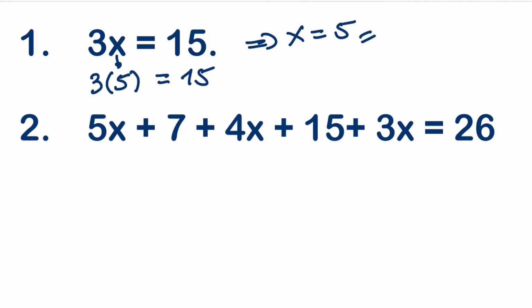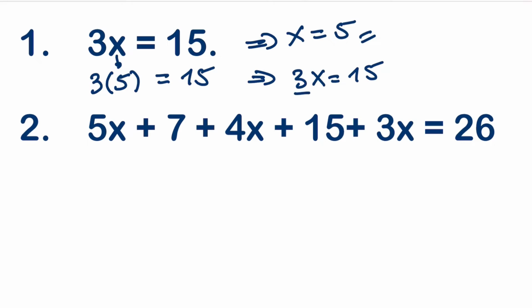Now if we want to solve it without using critical thinking, just solving it, if you have 3x is 15, you want to have x. Since it's multiplied by 3, you need to divide. For multiplication, always make sure you divide by the coefficient of x.